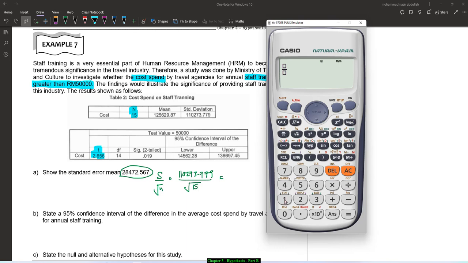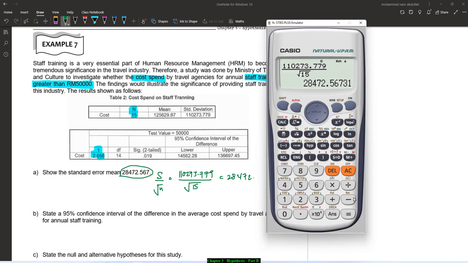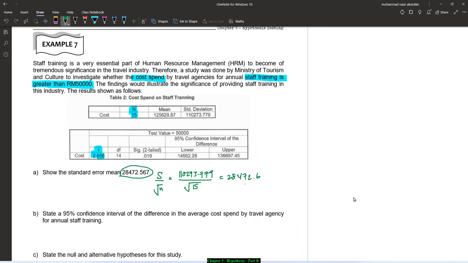So 110,273.779 divided by square root of 15 is 28,472.567.